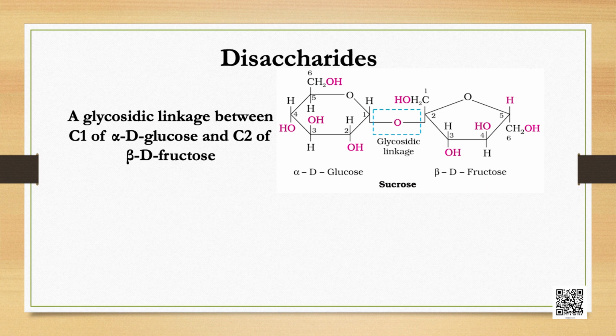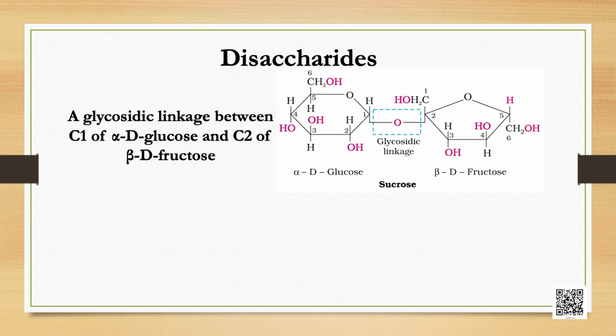Disaccharides on hydrolysis yield two molecules of either the same or different monosaccharides. The two monosaccharides are joined together by an oxide linkage formed by the loss of a water molecule. Such a linkage between two monosaccharide units through an oxygen atom is called a glycosidic linkage.